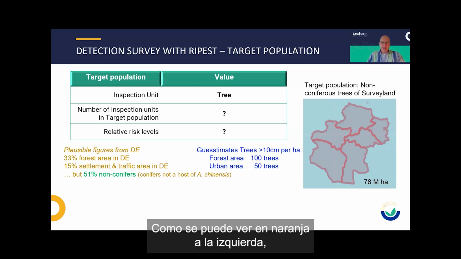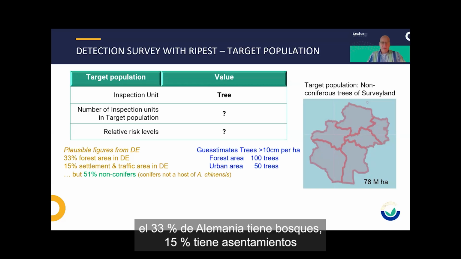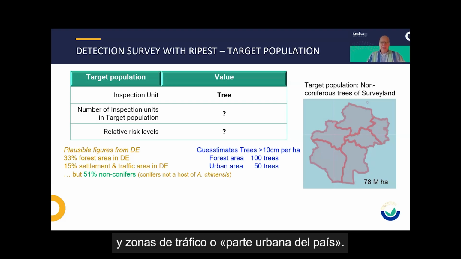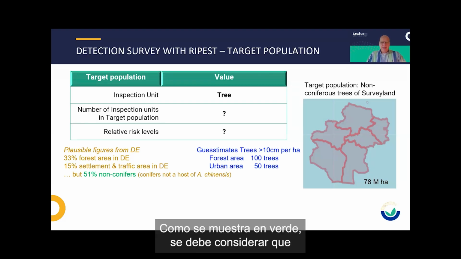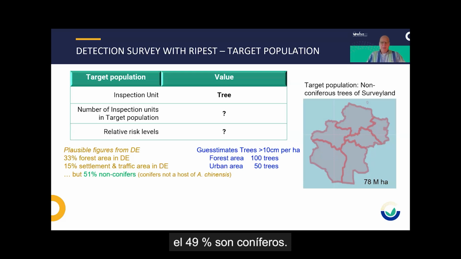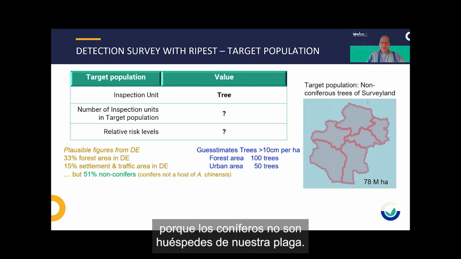We have 33% covered with forest in Germany, that you see in orange to the left, and 15% covered with settlement and traffic area, usually addressed as the urban part of the country. But, and that's the green bit, we have to consider that of these trees, 49% are conifer trees. So we only use 51% of these trees for our purposes because coniferous trees are not a host of our pest.